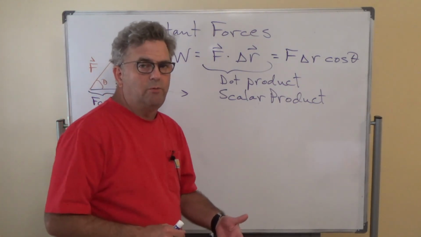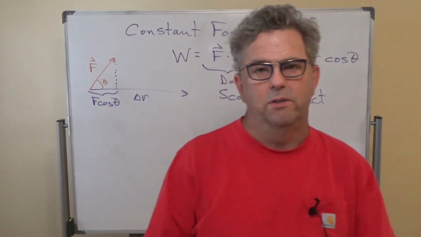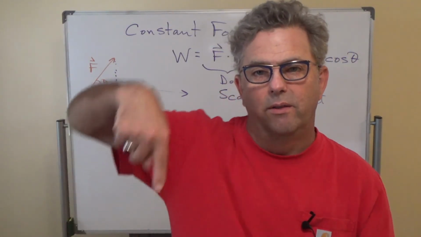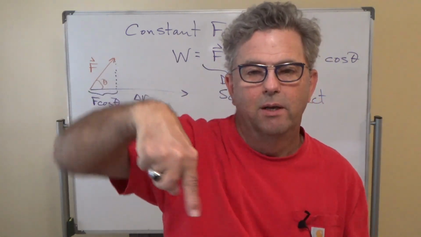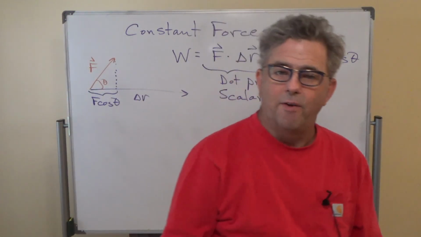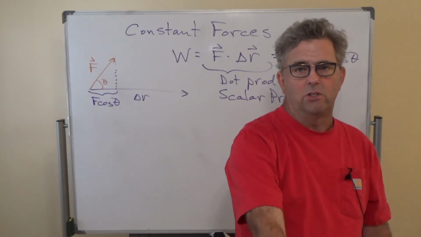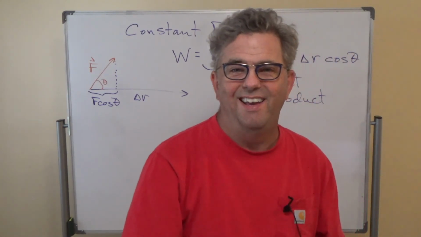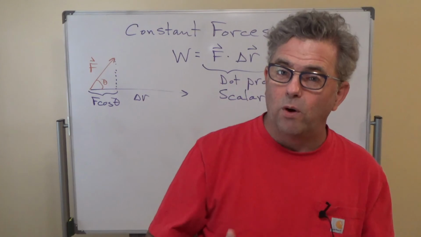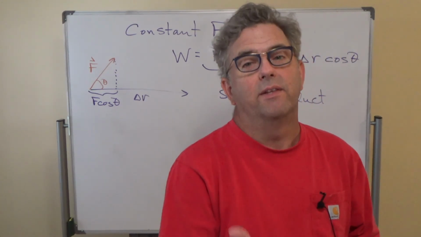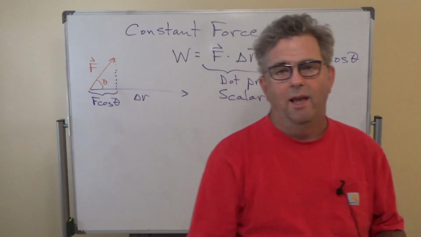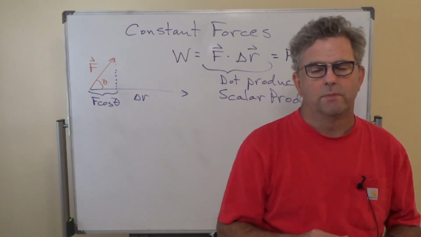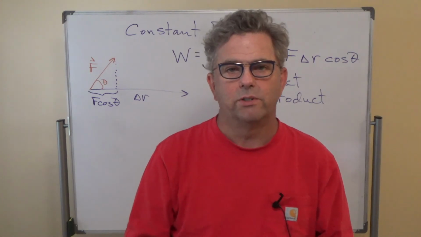The gravitational force, as I'm walking across this floor, is down, it's following me around, but it's doing no work. If I decide to jump up on this table, then the gravitational force and the displacement are in the same or opposite direction, and there's some work done by the gravitational force.